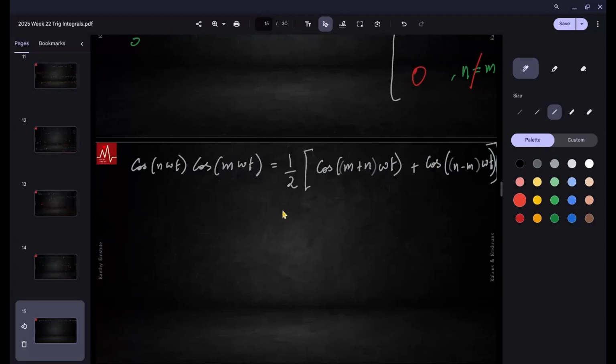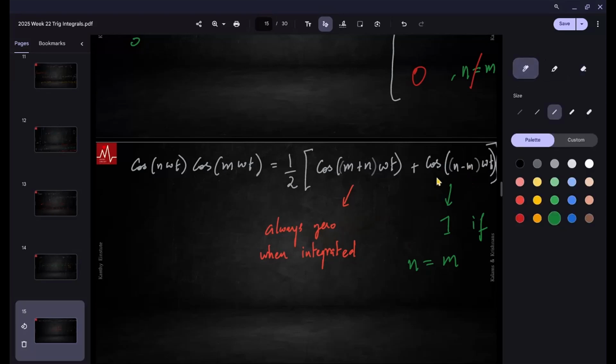So this is always 0 when integrated. Here, n equals m.